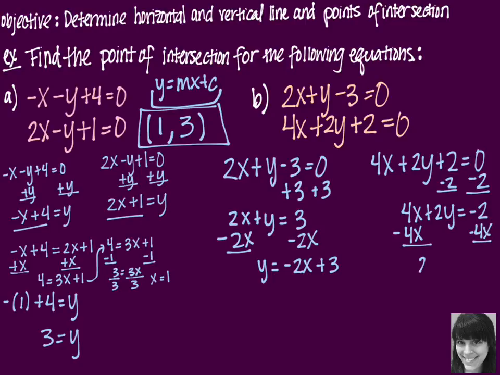I get 2y equals negative 4x minus 2. And then I'm going to divide both sides by 2 in order to get y by itself. And I get y equals, and I can separate these and say negative 4x divided by 2 and minus 2 divided by 2, which gives us y equals negative 2x minus 1.